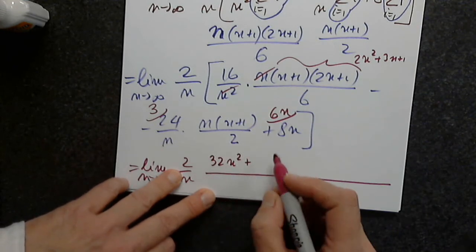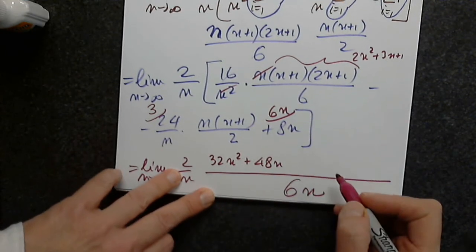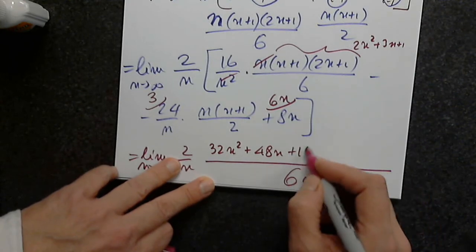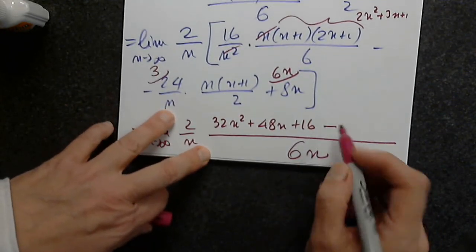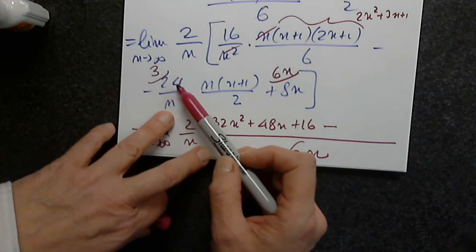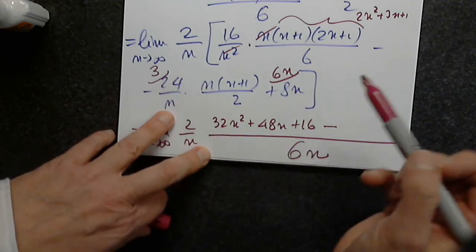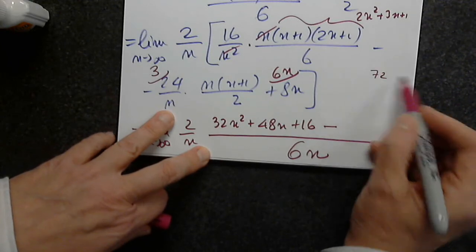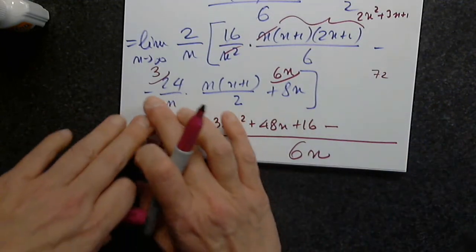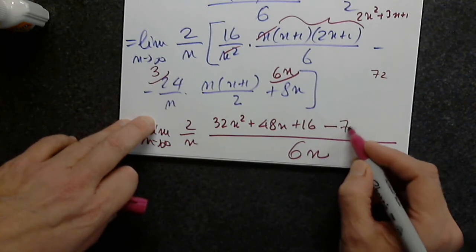So I'm distributing 16: 32n squared plus 48n plus 16, minus 3 times 24. I think it's 72, isn't it? Okay, so 72 with minus and n squared.